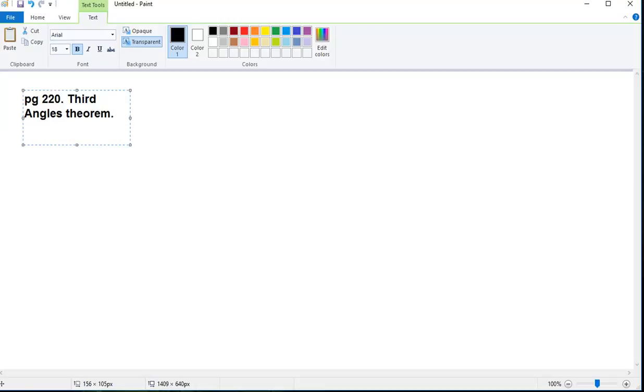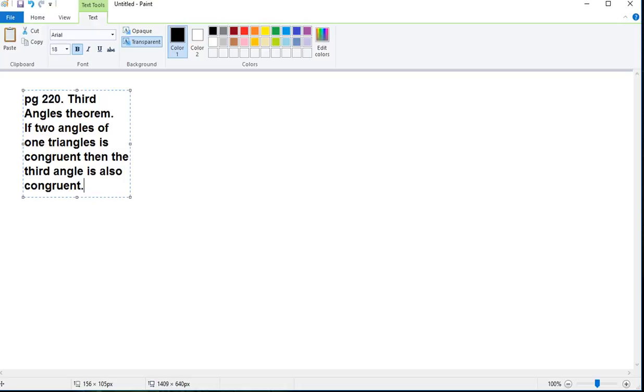What this basically says is if two angles in two different triangles are congruent, then the third angles are congruent. Two angles of one triangle are congruent, then the third angle is also congruent.